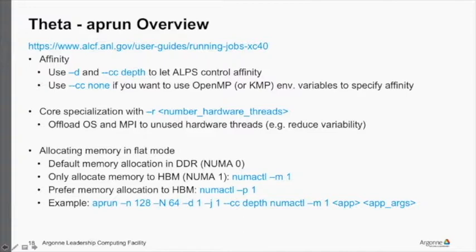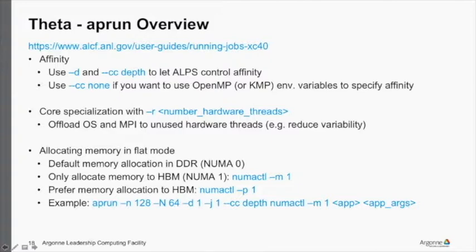Core specialization, you can activate that with the dash r, and the idea here is that the idle threads that your application is not using can be allocated to handle processes like the OS jitter and MPI. And again, this is one mechanism by which you can try to reduce the on-node contribution to variability.